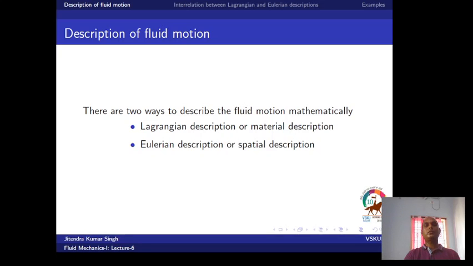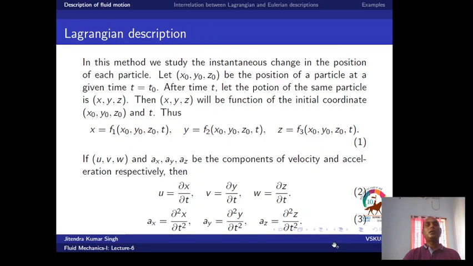So firstly, let us discuss what is a Lagrangian description. In this method, we shall discuss the instantaneous change in the position of each particle. Its meaning is that suppose a particle starts at x naught, y naught, z naught at time t equal to t naught, and after time t its position changes to x, y, z.